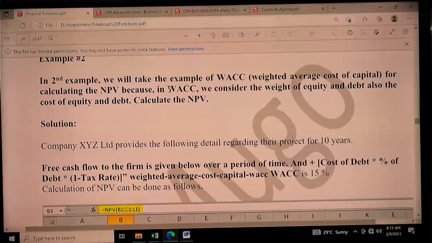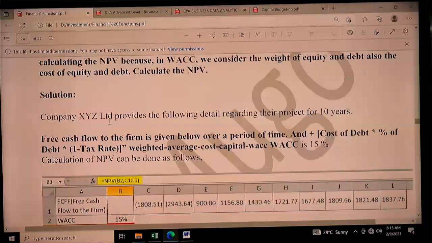In the weighted average cost of capital, we consider the weight of equity and the debt, also the cost of equity and the debt. So we are supposed to calculate the NPV. Now here you can use the Excel function.